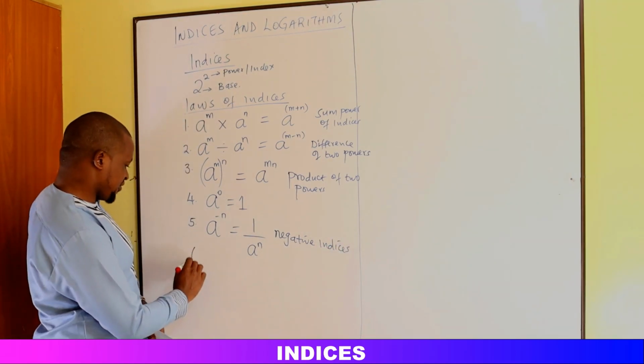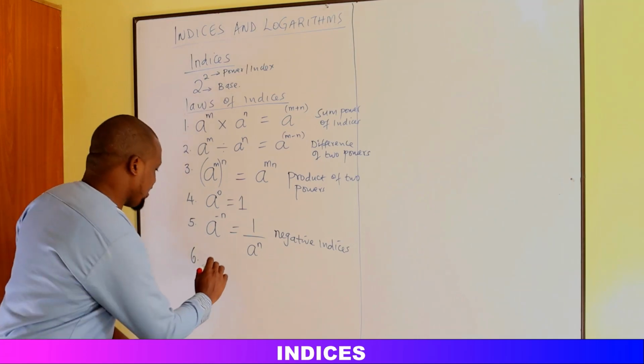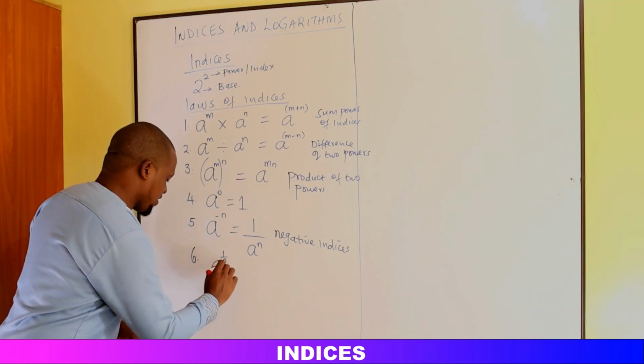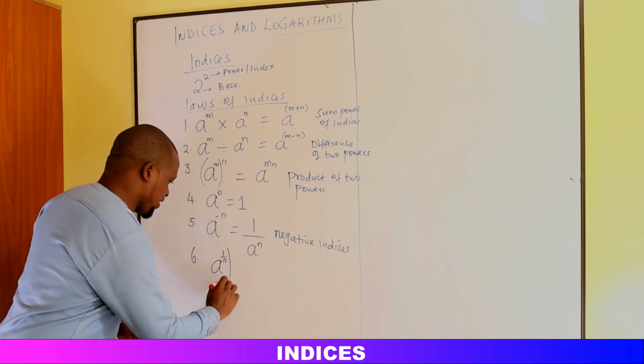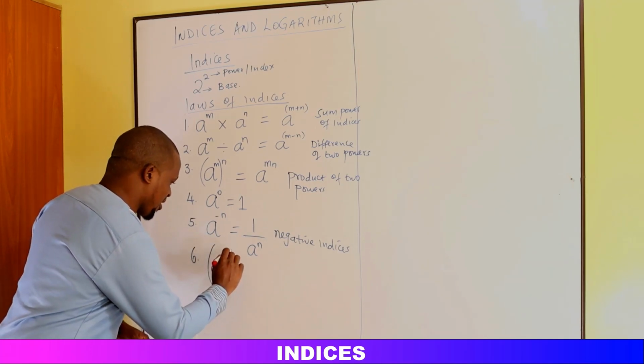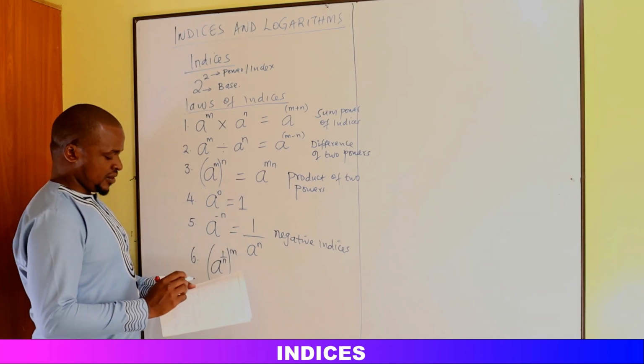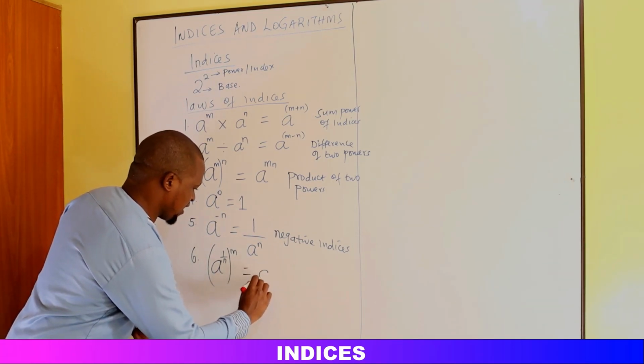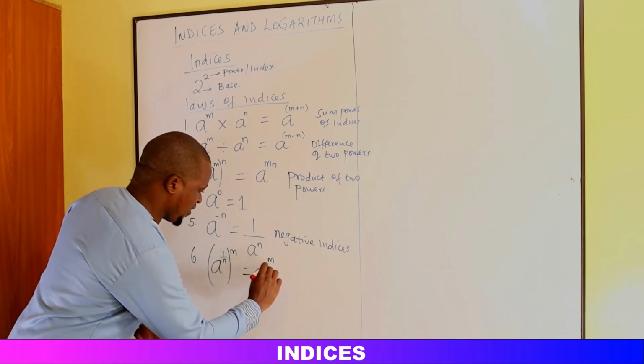Then we have number 6. If we have a raised to power 1 over n, and this number is raised to power m, it will be the same as saying a raised to power m over n.